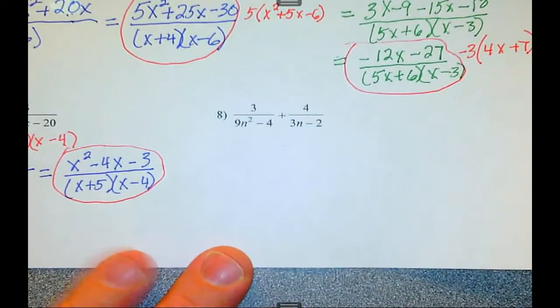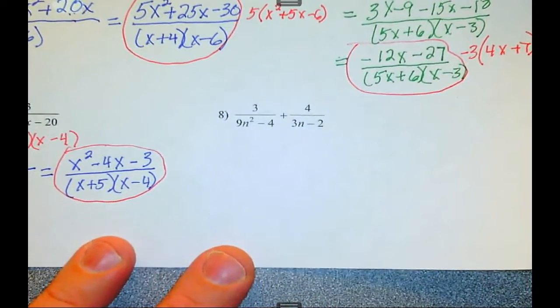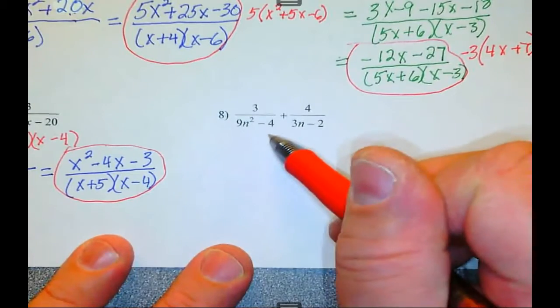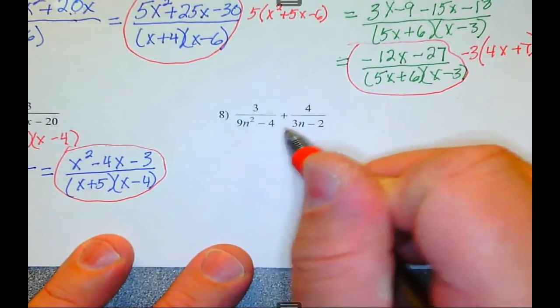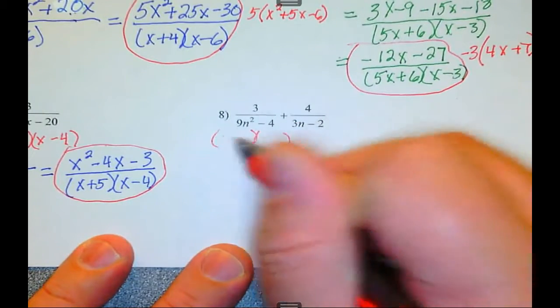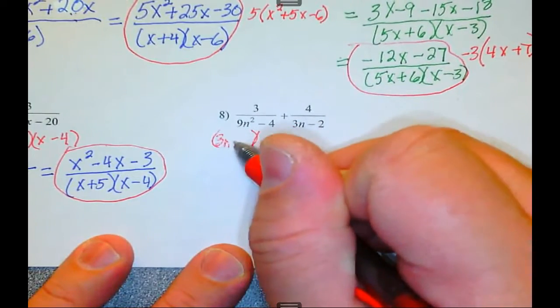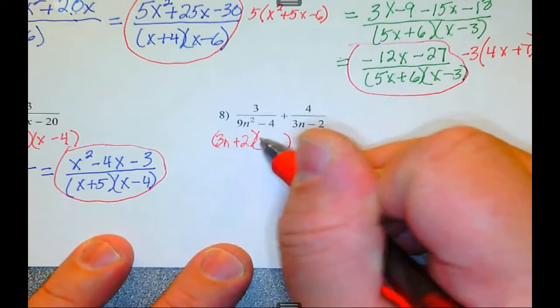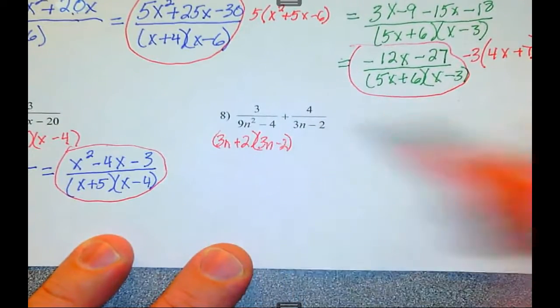Number 8, last one, and then we're done. Let's see, this is a difference of squares. So I have 3n plus 2, 3n minus 2.